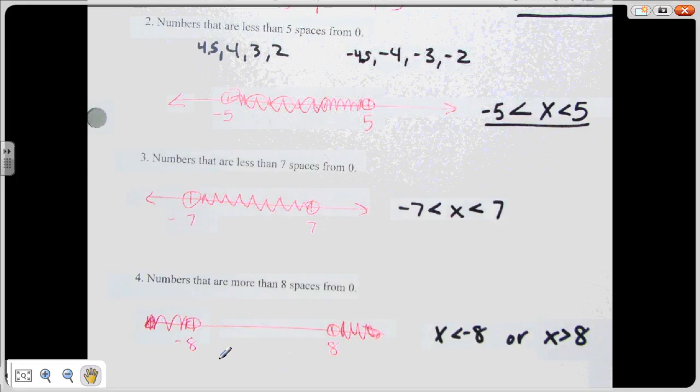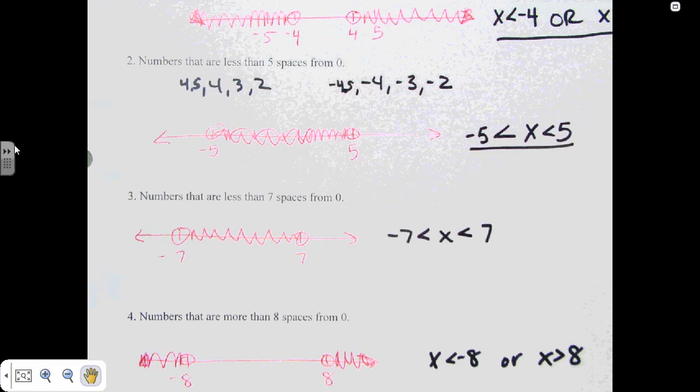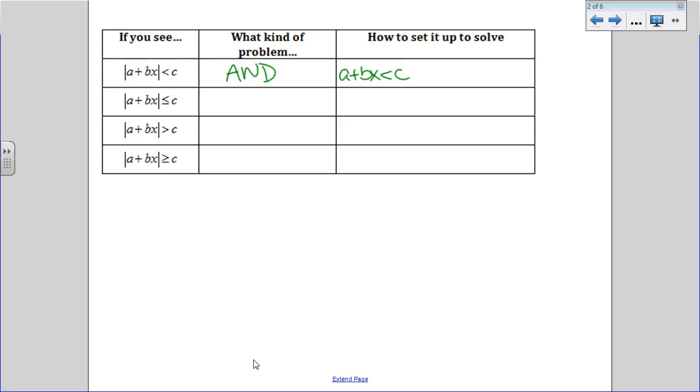But if I go back and look at the other side of the inequality, I want a plus bx to be greater than c. Because they have to go in opposite directions of each other, I need one inequality to stay less than, and the other inequality to become greater than. That's the only way I'm going to get them both to go towards 0 to be that less than.